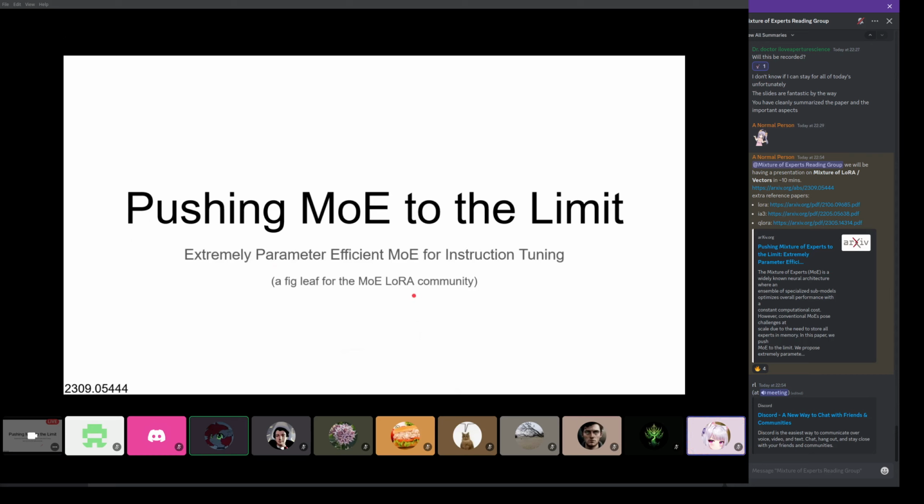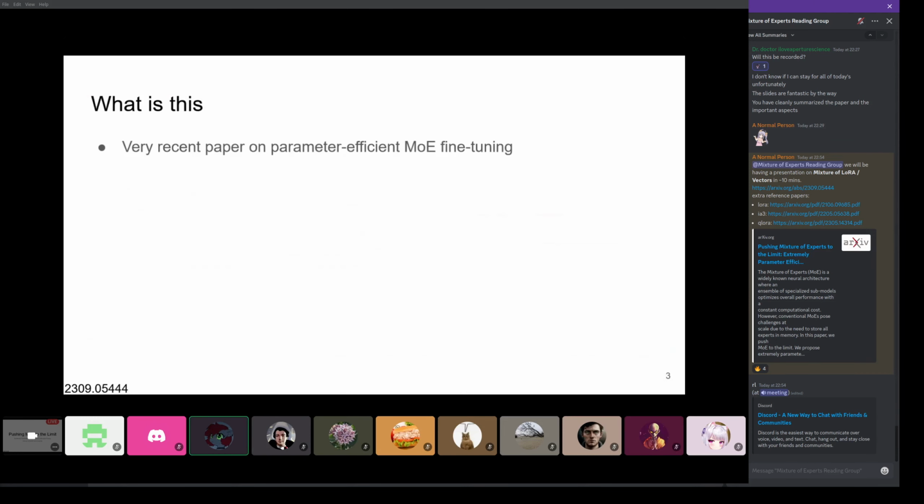Today's presentation is supposed to be about pushing mixture of experts to the limit with extremely parameter efficient mixture of experts for instruction tuning. The background for this paper is that Cohere about a week ago published this paper on applying the mixture of experts paradigm to both low rank adapters and IA3.